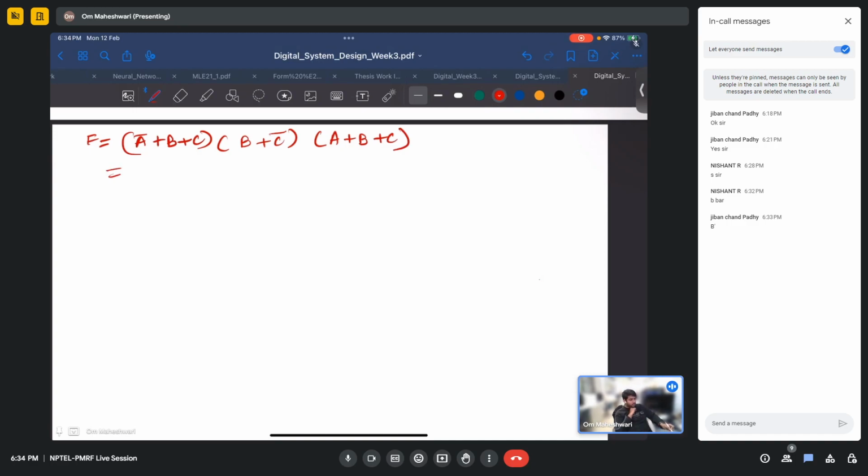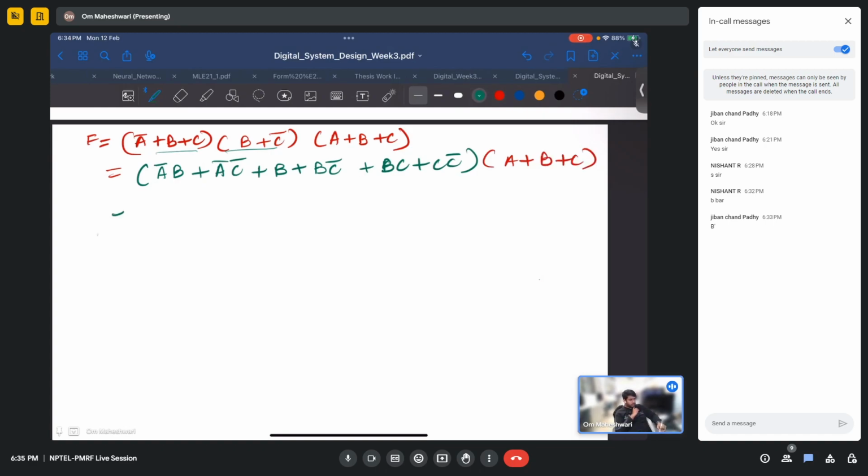If I multiply these two first, I will get a bar b plus a bar c bar plus b plus bc bar plus bc plus cc bar, and this is as it is, a plus b plus c.